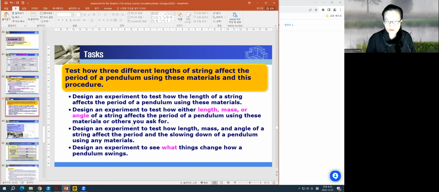So when students set up a hypothesis, they needed to tell the difference between independent variable, dependent variable, and control variable. They also needed to design an experiment to see what things change how a pendulum swings.